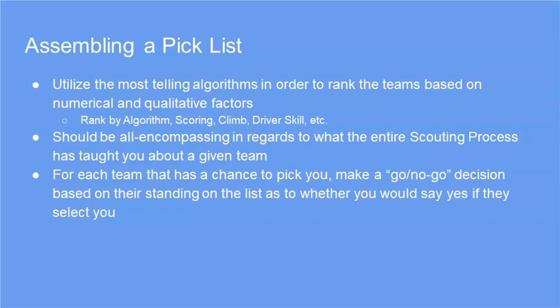And so if you know that your team cannot climb, then you'll want to make sure that you pick a climber, even if your pick list that was weighted by your algorithm might say otherwise, right? So make sure to account for that.